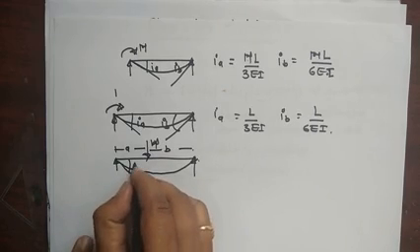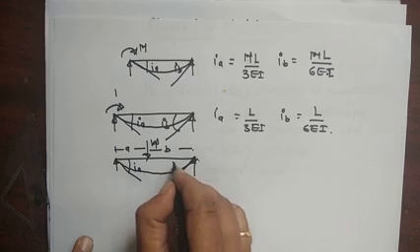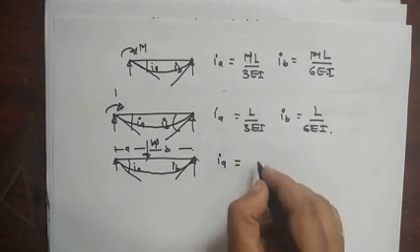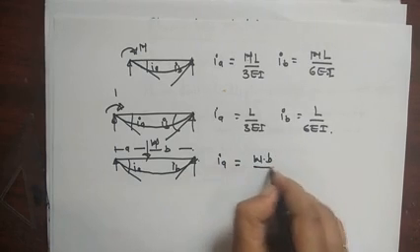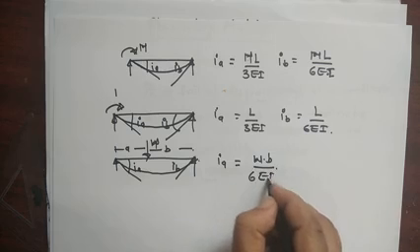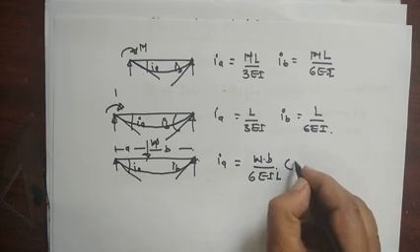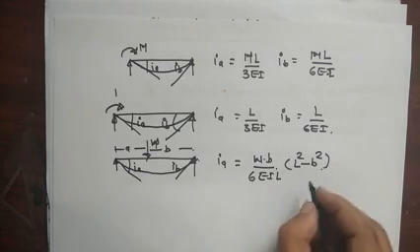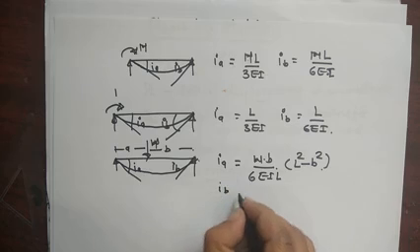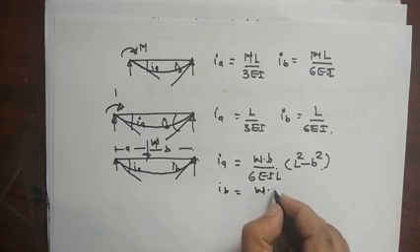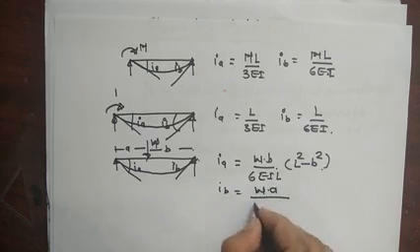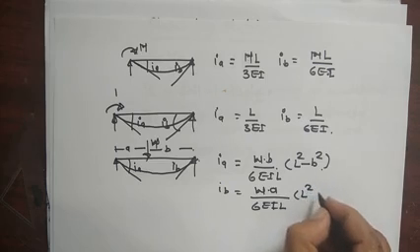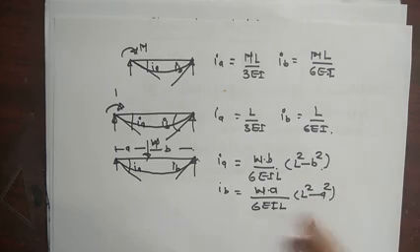So here is a slope theta A, this is slope theta B. So this theta A is equal to W into B divided by 6EIL into L square minus B square, and theta B is equal to W into A divided by 6EIL into L square minus A square.